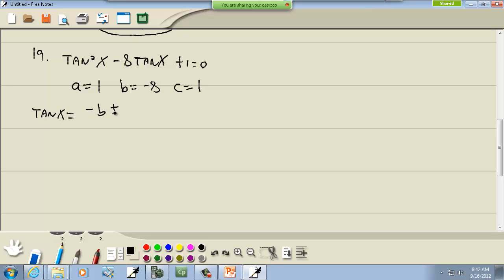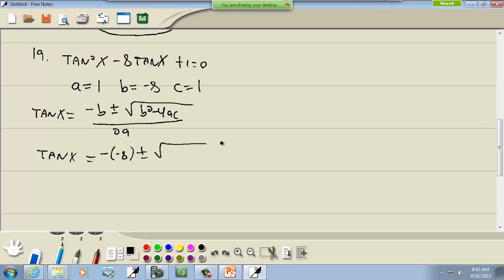And let me write this down. Negative b plus or minus the square root of b squared minus 4ac all over 2a. So we got negative negative 8 plus or minus the square root of negative 8 squared minus 4 times a times c, all over 2a.